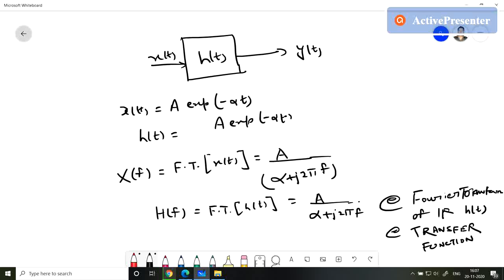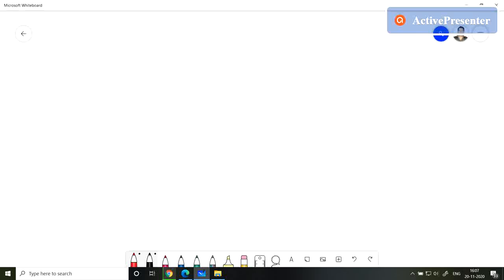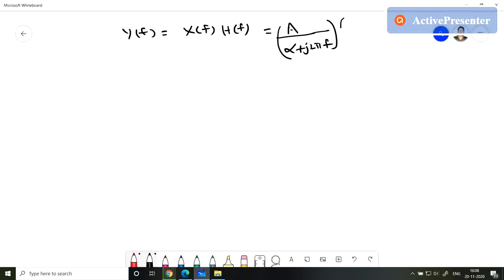So this output Y(f) is the product of X(f) multiplied by H(f). Putting the values, X(f) is a divided by alpha plus j 2 pi f, multiplied by H(f), that is a divided by alpha plus j 2 pi f.